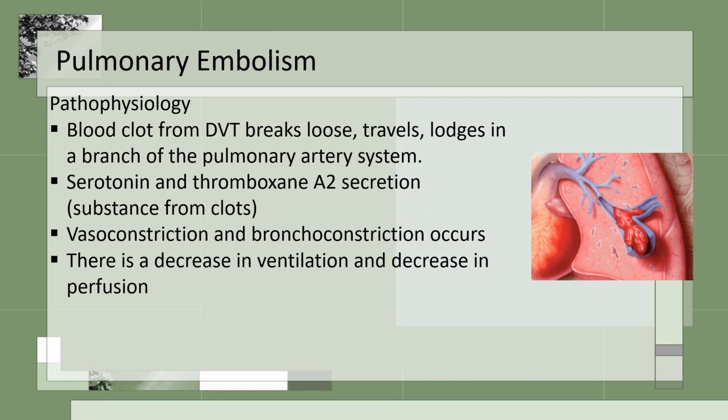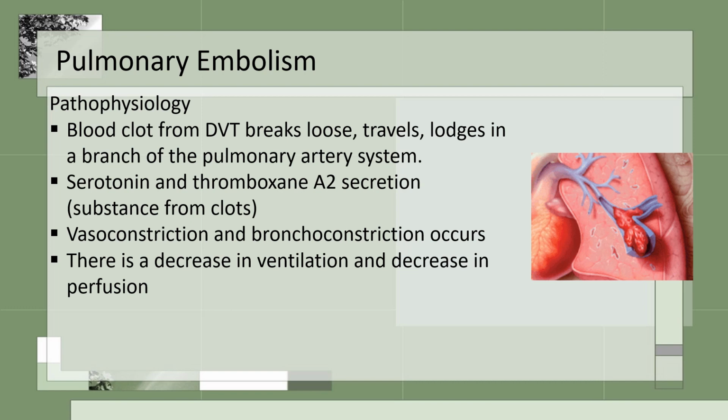The next respiratory disorder we're going to cover is pulmonary embolism. The pathology of a pulmonary embolism is that a blood clot from a DVT, or deep vein thrombosis, breaks loose. It travels and lodges in a branch of the pulmonary artery system.